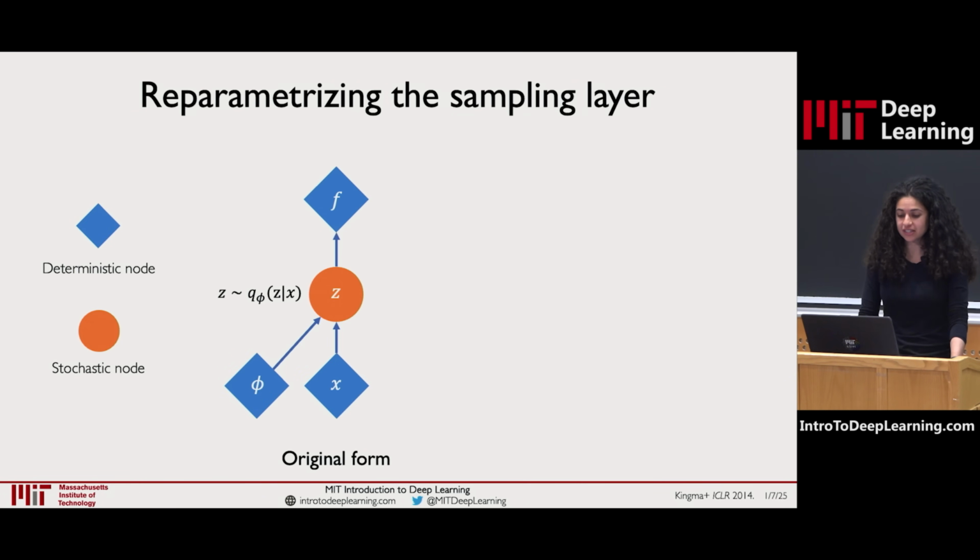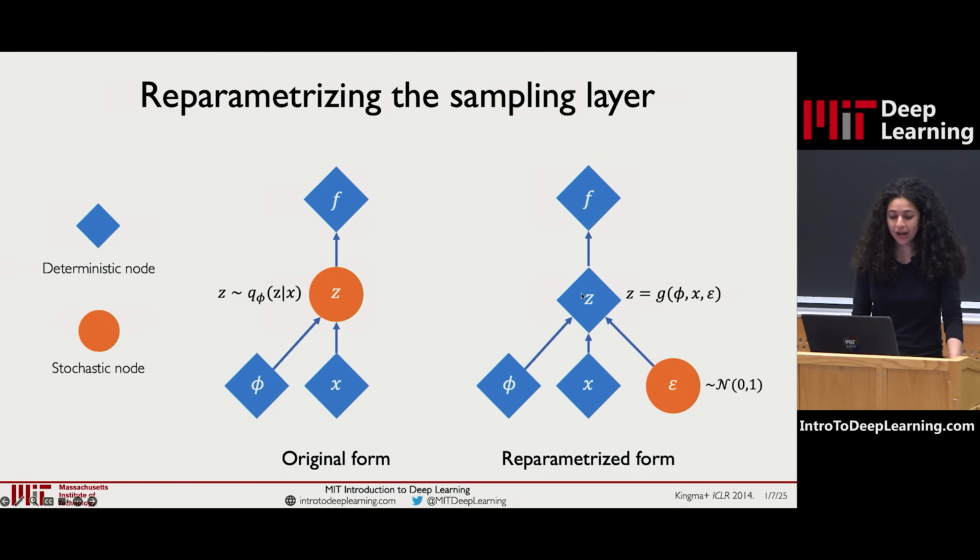We can visualize this very clearly by now looking at a diagram like this and how that affects backpropagation and actually training the network. Originally, if we're trying to go directly through this sampling node z, we can't backprop and we can't pass gradients through.